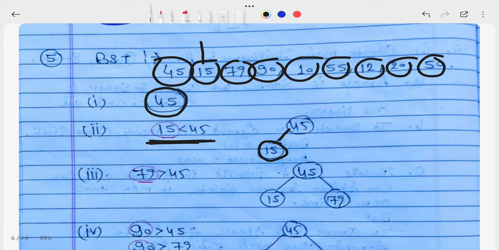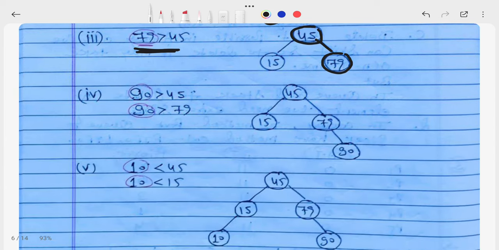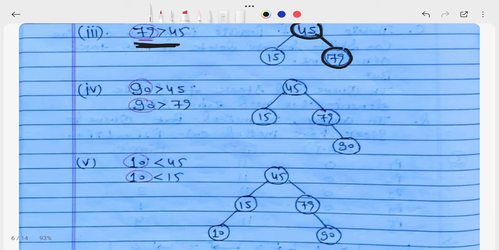Now the next element is 79. 79 will ask the root. 79 is greater than 45, which means 79 will come to the right side of 45. Now the next data is 90. When the data is 90, this 90 will ask the root: is it greater or smaller?